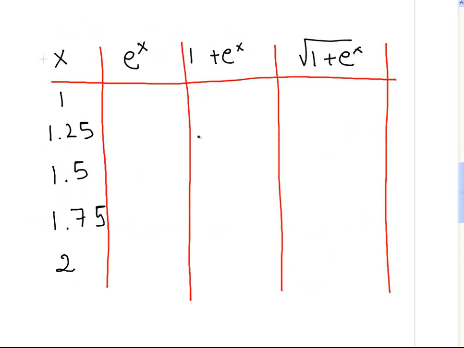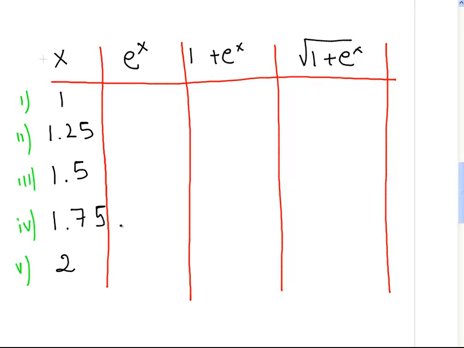So what we have to do is evaluate for each of the 5 points. I'm just going to give them Roman numerals here: the first point, the second point, the third point, the fourth point, and the fifth point.